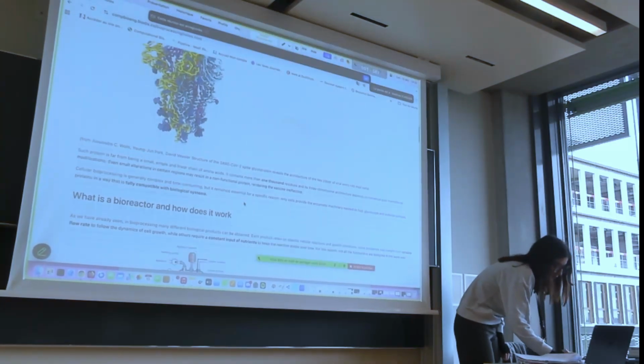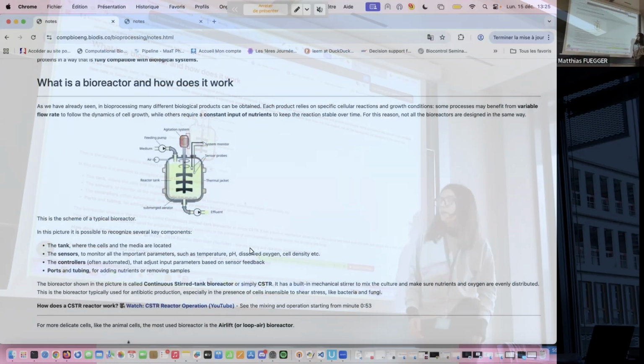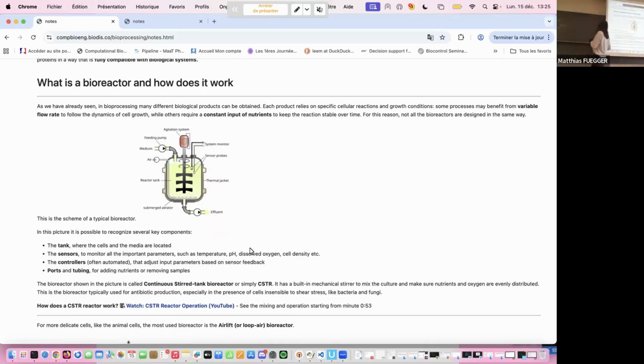So let's pass to talk a bit about the bioreactors. Of course, as I said, when we have to use the cells to produce something, we make the culture inside the bioreactor.